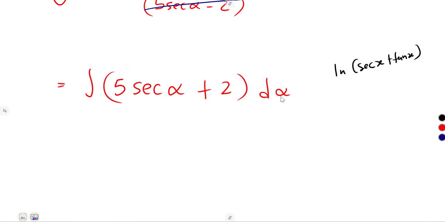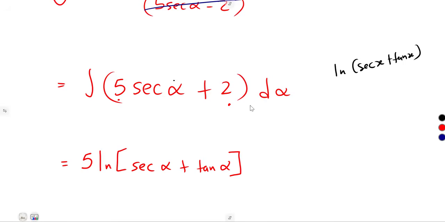You have it in your formula sheet. So our x is alpha, guys. So that was going to give 5, it's a constant, so it's going to be 5 ln of sec of alpha plus tan of alpha, like that. So that is what you're going to have.